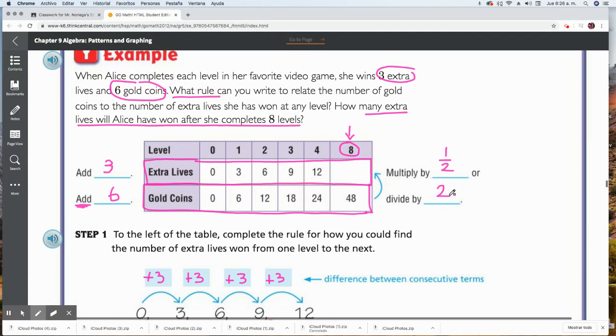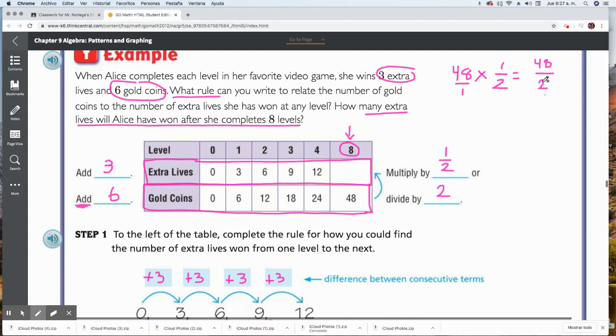If I multiply by 1/2, I'm going to have 48 times 1/2. Remember that a whole number will always have 1 as its denominator, so I'm going to write it there, and then we multiply numerator times numerator, which is 48, and denominator times denominator, which is 1 times 2 equals 2, and then simplify.